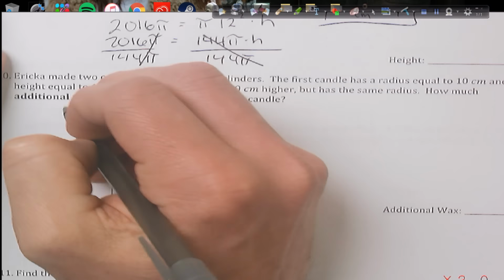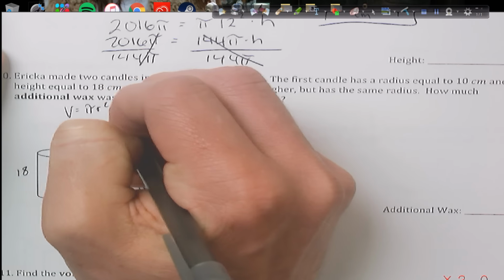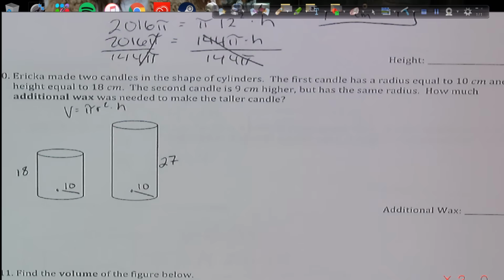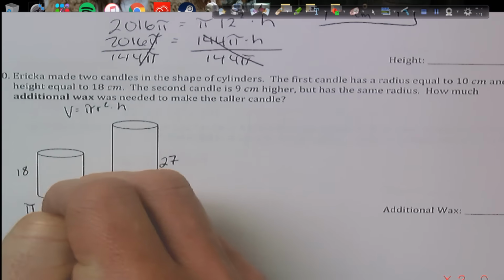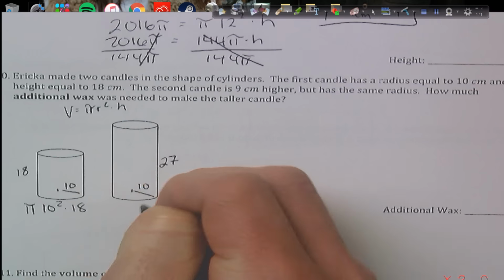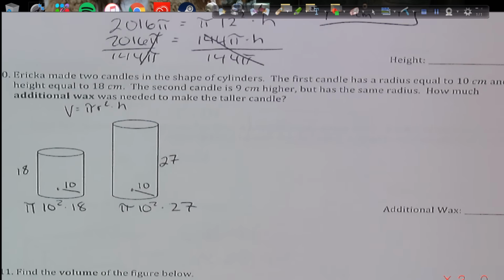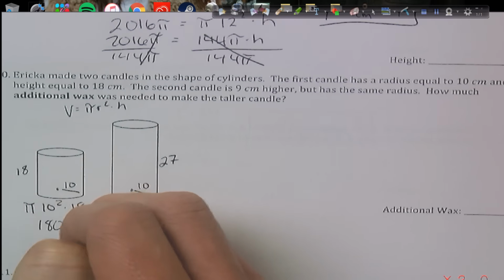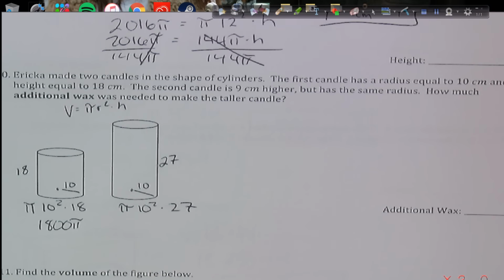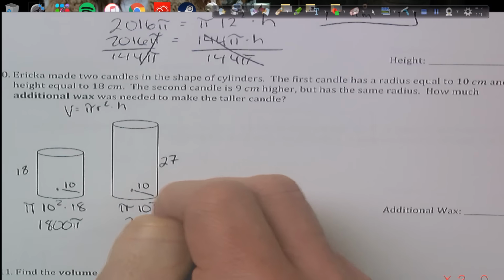So I've got to use my pi r squared times height formula, and I can just go ahead and see what the difference is. So this is going to be pi 10 squared times 18. This one's going to be pi 10 squared times 27, and we'll compare those real quick. So 10 squared times 18, you get this pi. Over here you get 10 squared times 27, and we get this pi.